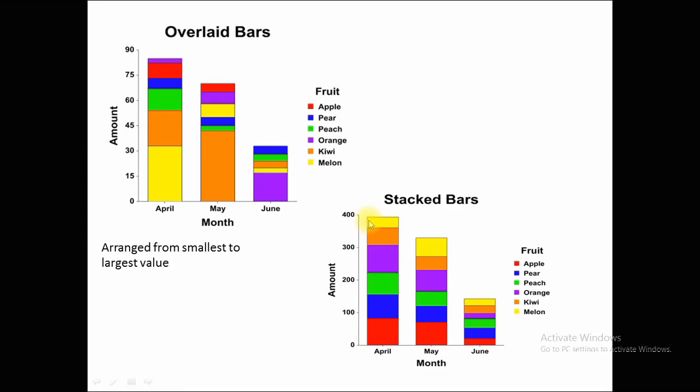The melon sold value will be counted from this point to this point. So in the stacked bar, put the bar for each quantity in the given series. Similarly, follow this procedure for May and for June.